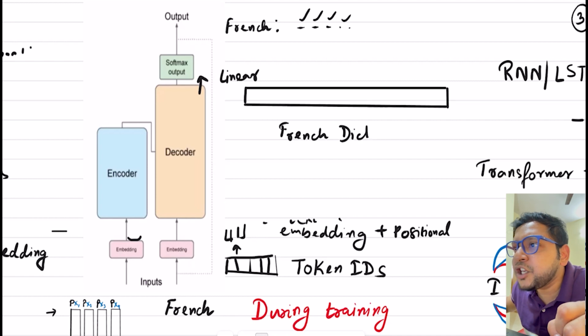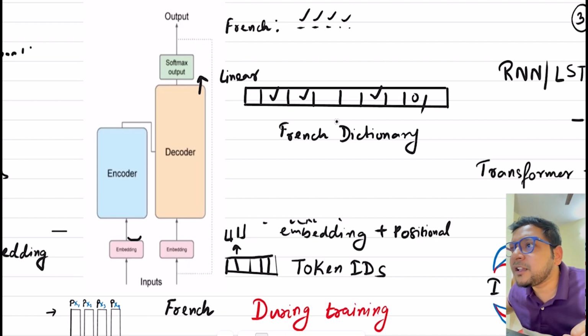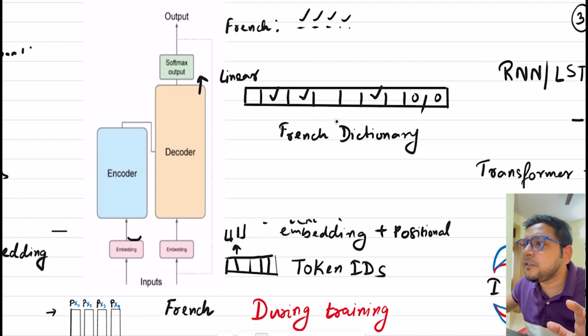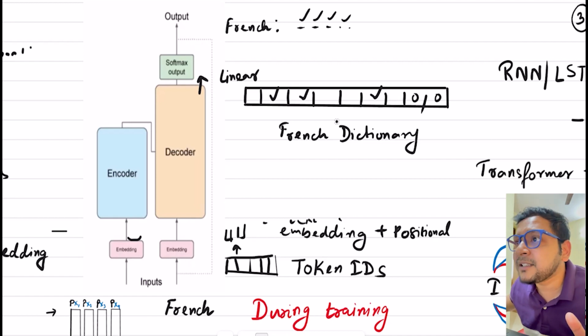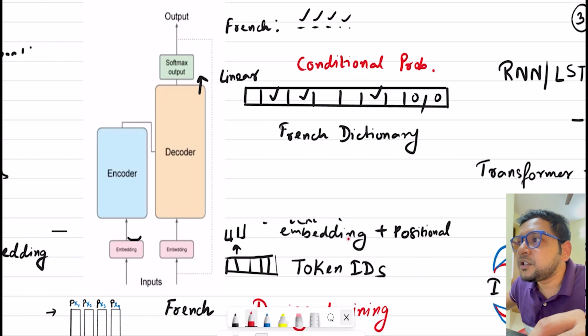So in the French dictionary, whatever the possible words are, it converts into this, and whatever words are coming from the decoder will be there. Few of the things will have some value and few of the other things will not have value, and these are taken as an input to Softmax. And what Softmax is doing, Softmax is giving some conditional probability to these values. It is giving conditional probability to the words.